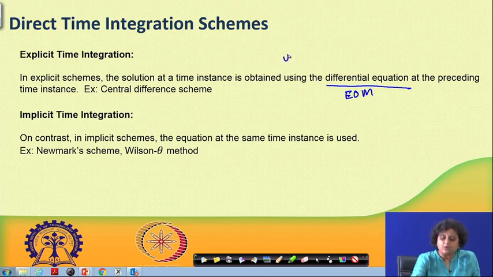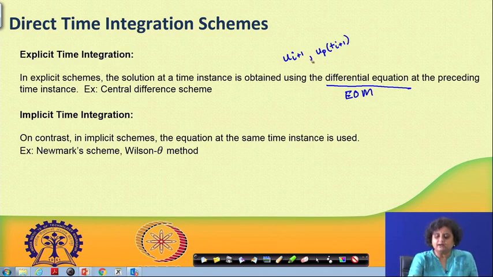Suppose I want to know u at time instant i plus 1. To obtain the response at t i plus 1, I am going to solve the equation of motion at time instant i. This will become more clear as we go into the details of the problem.